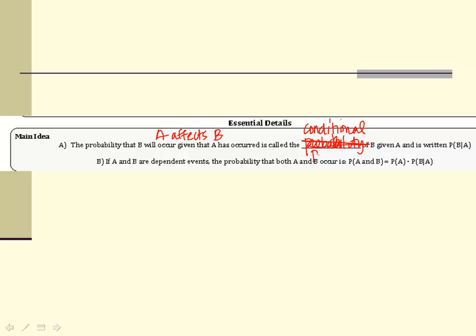It just means that your probability is affected by A, and therefore is written with this probability of B, and this line means affected by A, okay? Even if they're affected, because we look at and, we now just multiply our probabilities together again.